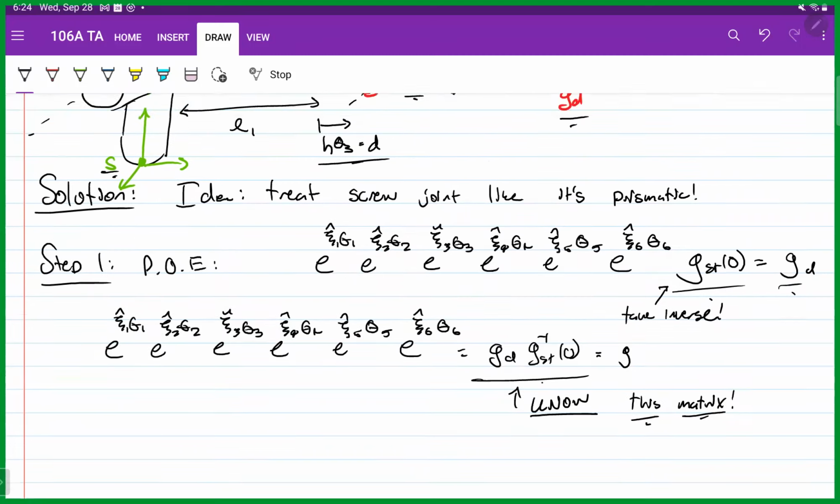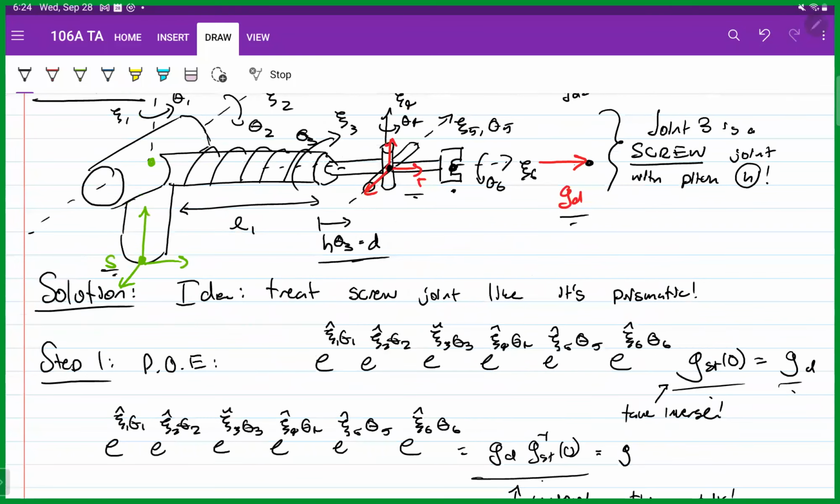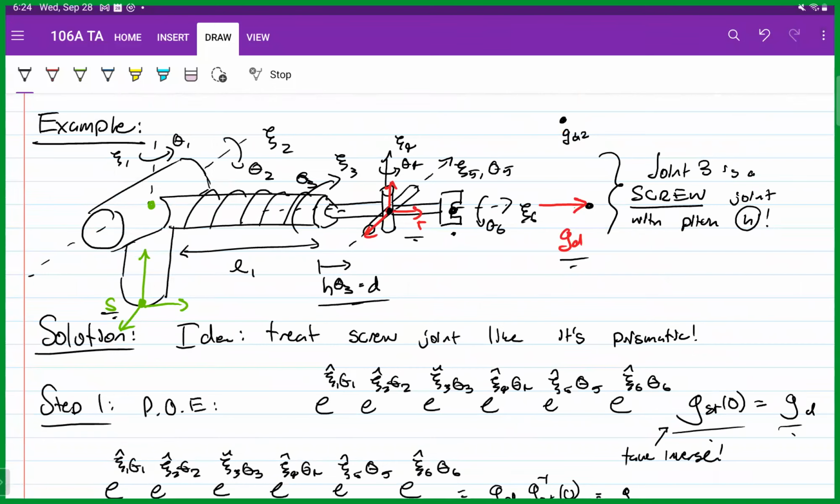Okay, cool. So the first thing that we're going to do is we're going to try and figure out how we calculate this screw joint, right? So something to keep in mind here is that this screw joint is something that both rotates and translates, right? So we're rotating about this axis over here as we're going along. And we're also translating along this axis. But when we look at this, what we see is that we also have this xi6, right?